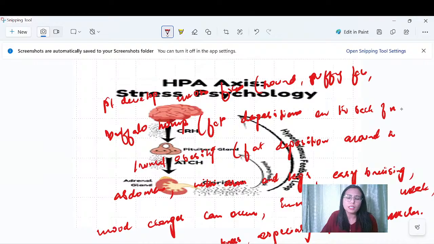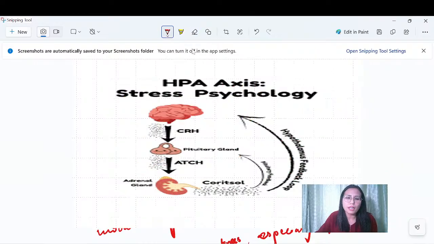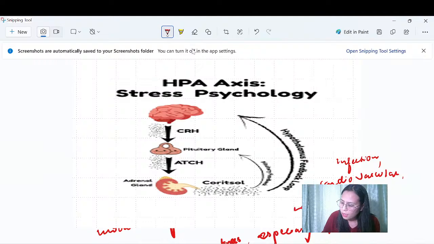So early recognition and proper treatment is very important. If untreated, Cushing syndrome can lead to severe complications like infections, cardiovascular disease, and diabetes. Now let us see how these concepts are asked in NORCET or NCLEX type questions.